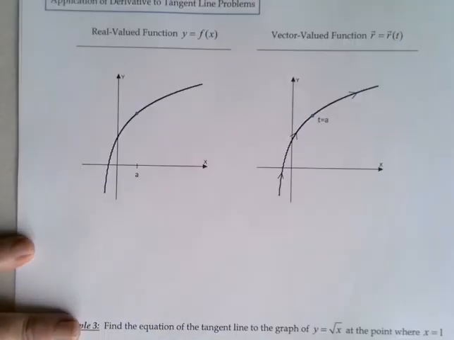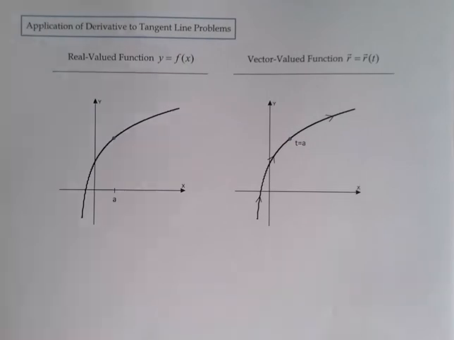All right. The last thing that I want to do with derivatives is I'd like to talk a little bit about application. You may remember that one of the earliest applications that you did with derivatives in Calc 1 was to look at the derivative as the slope of the tangent line. Right?